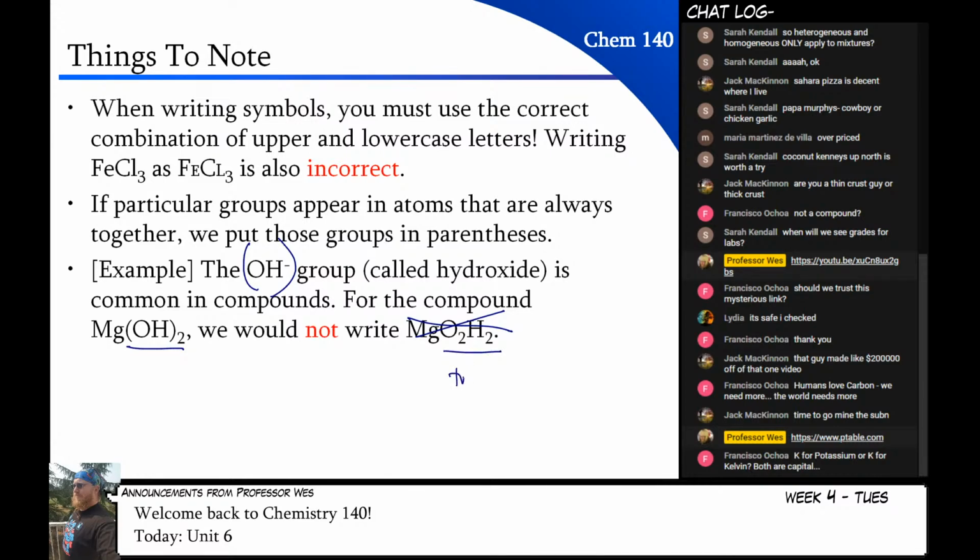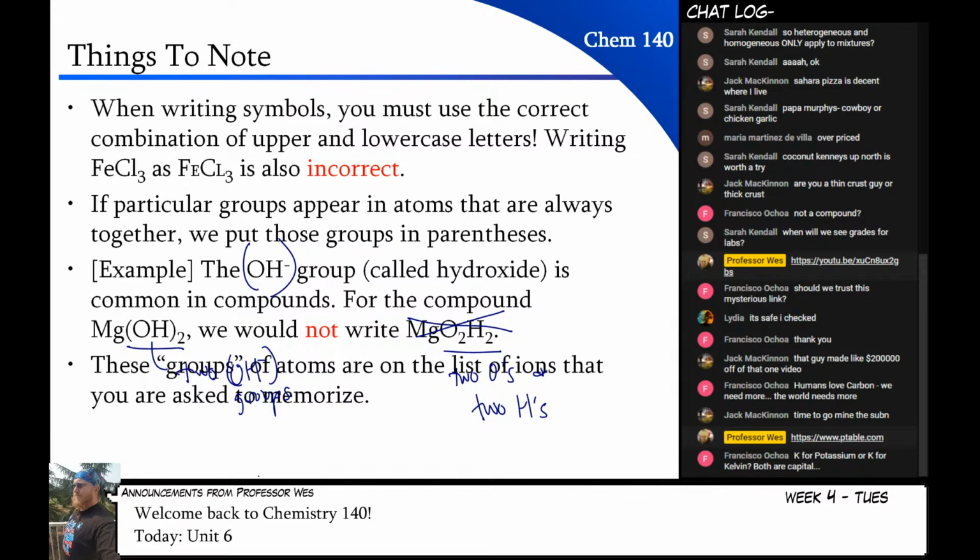This just says there are 2 O's and 2 H's, whereas this tells us there are 2 OH groups. So sometimes you will use parentheses in a formula to keep a common group together. So just be mindful that that is a thing that can come up and will come up when we talk about ionic compounds in chapter, I want to say 9, in unit 9.